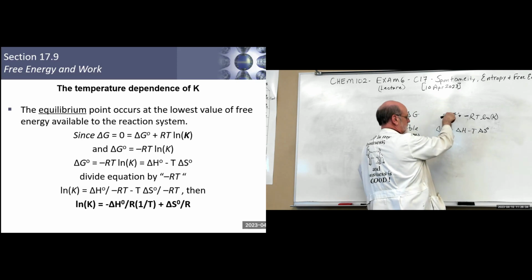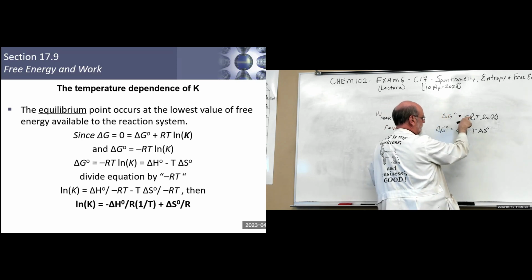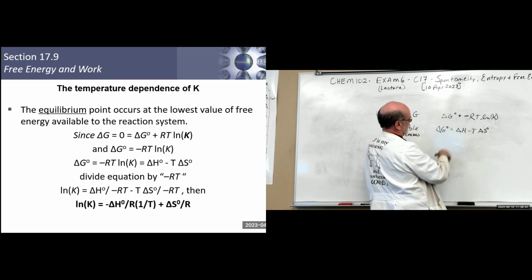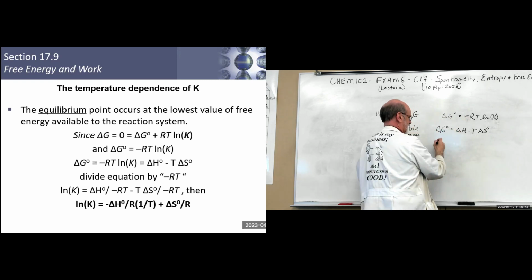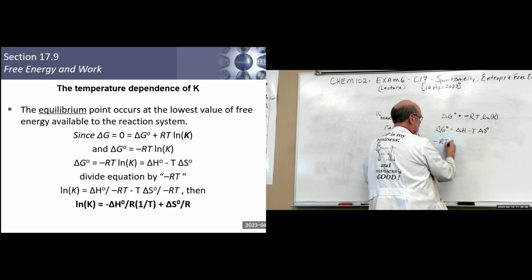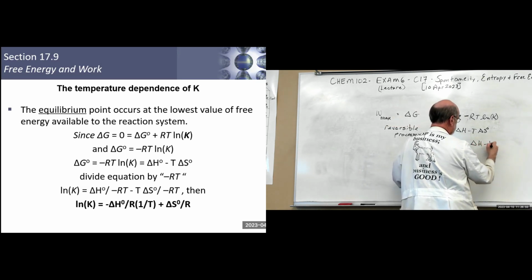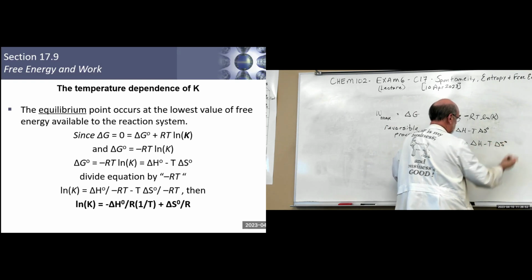If A equals B and B equals C, then in this case, negative RT log K equals delta H minus T delta S.